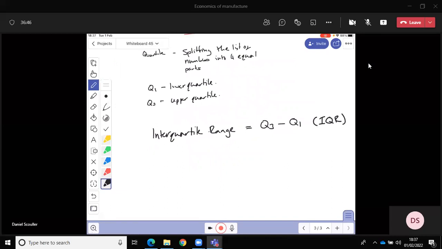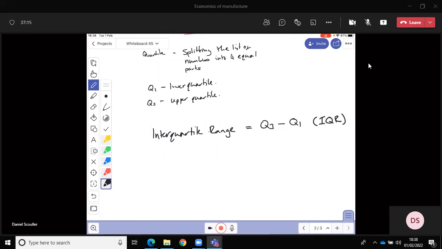Interquartile range, okay, sometimes referred to as the semi-interquartile range. Okay. So what the quartiles are looking at is the spread of data. Okay, so if you think about the spread of data, how far apart Q3 and Q1 are is telling you something to do with that. Okay, it can give you some sort of analysis of how spread out the data is. Again, that's important. We'll look at why.